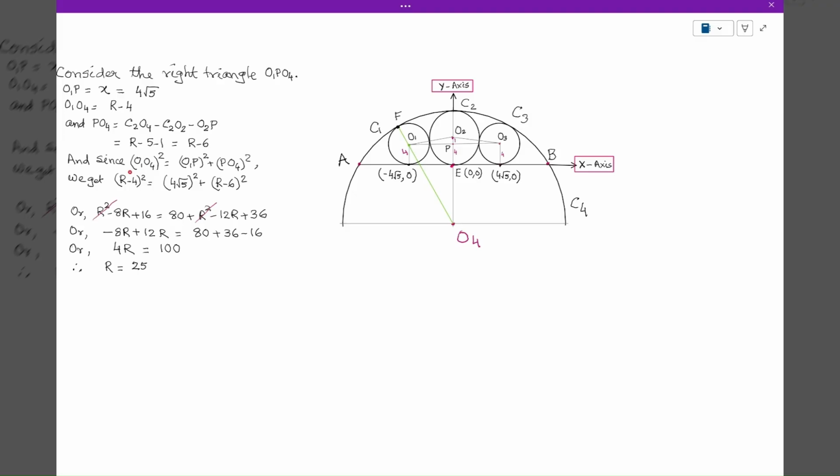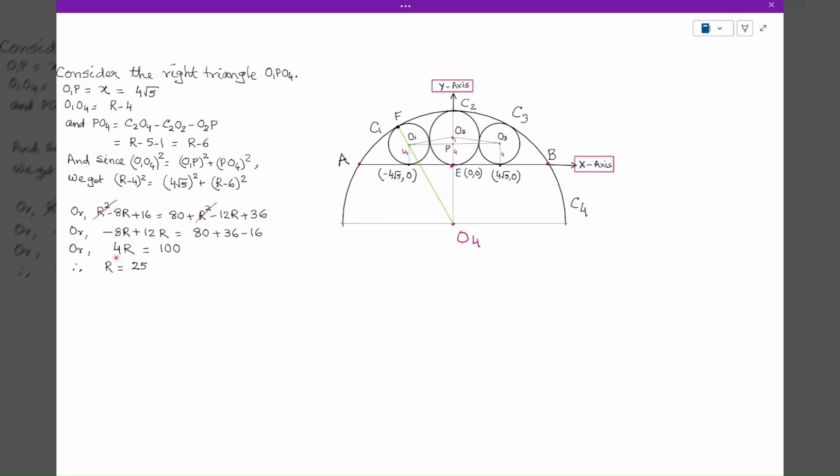And since O1O4 squared is equal to O1P squared plus PO4 squared from the Pythagorean theorem, we get (R - 4) squared is equal to (4 square root of 5) squared plus (R - 6) squared, or by expanding, R squared minus 8R plus 16 is equal to 80 plus R squared minus 12R plus 36, or minus 8R plus 12R is equal to 80 plus 36 minus 16, because these two R squared terms cancel out.